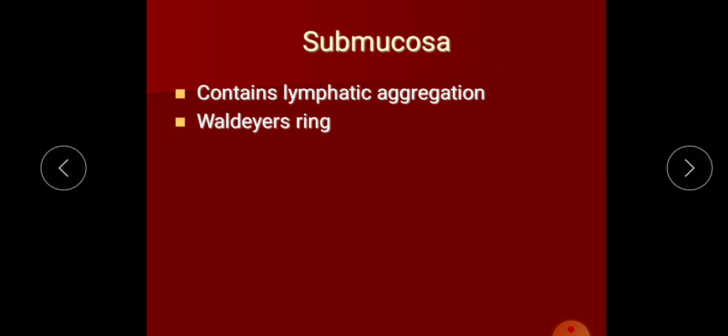Waldeyers ring. So what is Waldeyers ring? It is actually a lymphoid accumulation you find in the submucosa of the pharynx, where actually it is at the starting of the oral as well as the respiratory passage. So some more details about this Waldeyers ring which you find in the submucosa you should be familiar with. Shall we proceed? Okay.